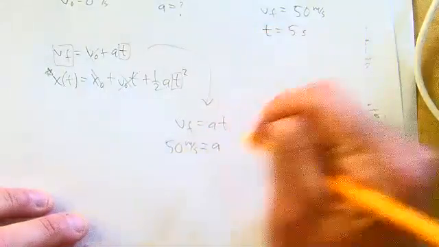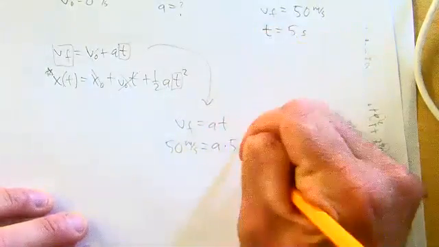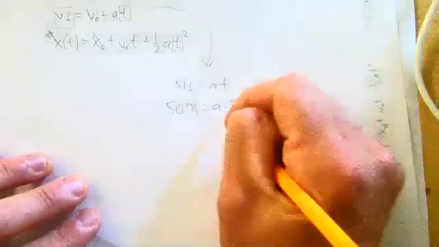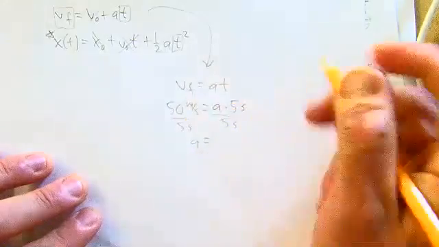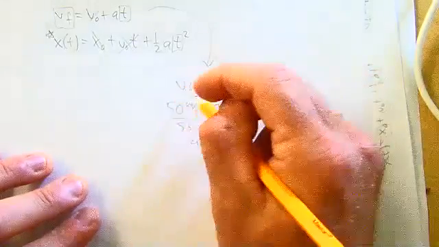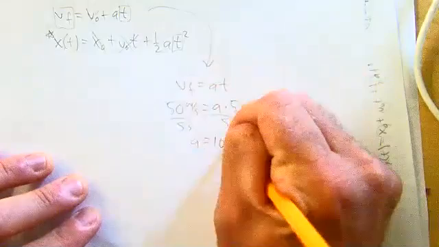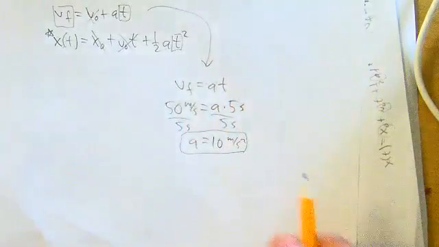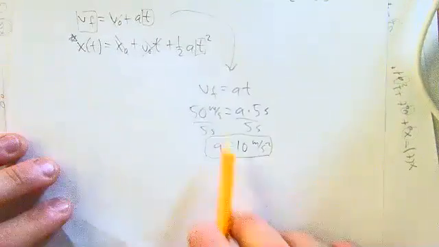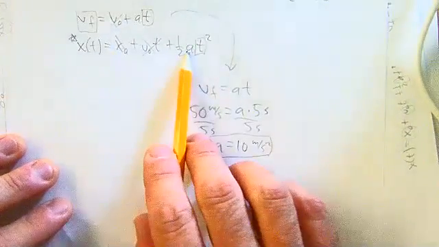A, we don't know. T was 5 seconds. That's a pretty simple equation to solve. A is 10, right? 50 divided by 5. Okay, that's not the answer. That's at least the first step. Okay, now we know A.